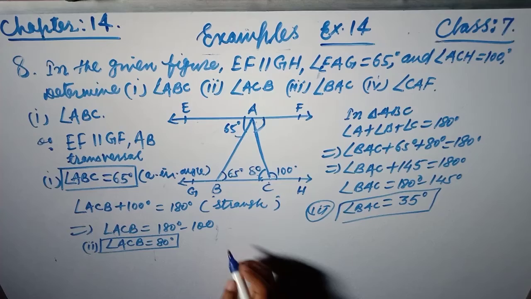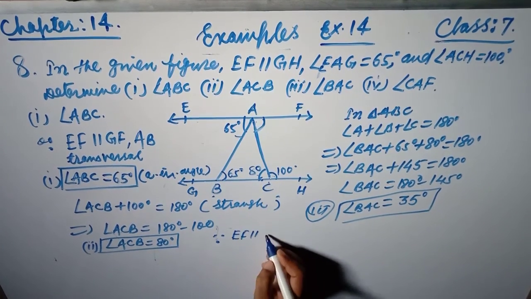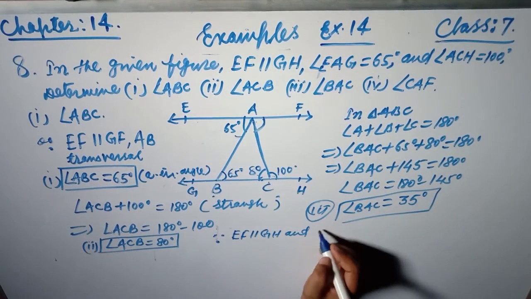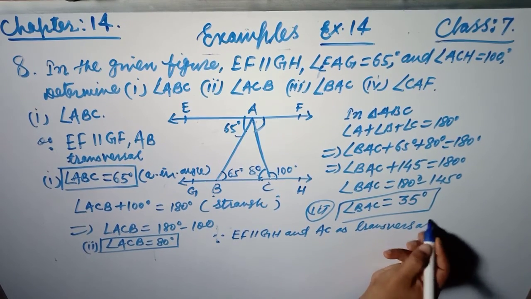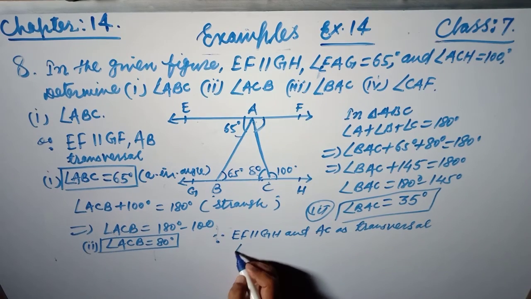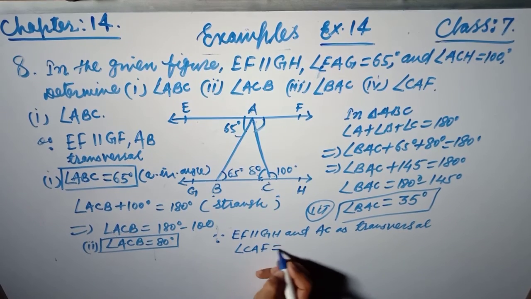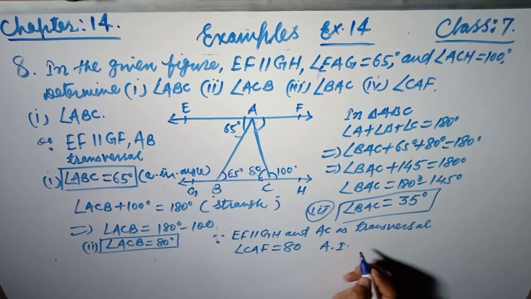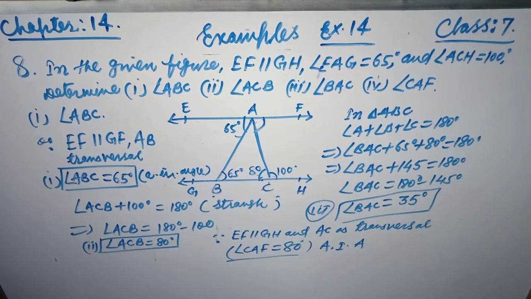So we can write: since the line EF is parallel to the line GH and AC is a transversal, angle CAF is equal to 80 degrees by alternate interior angles, friends.